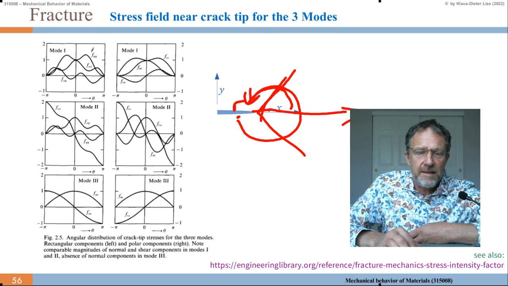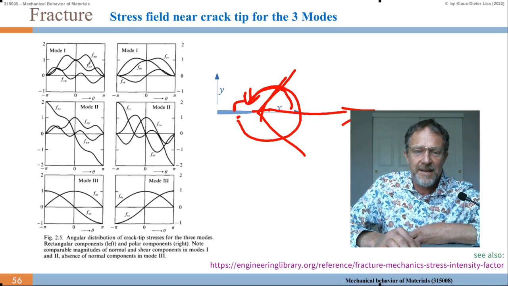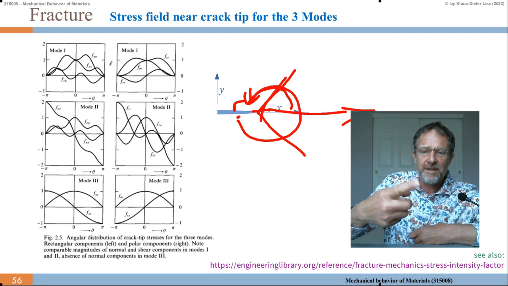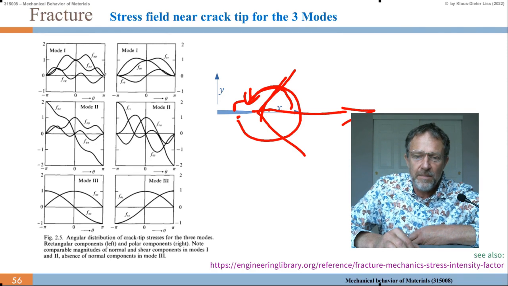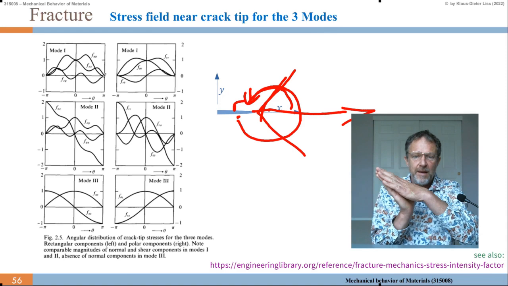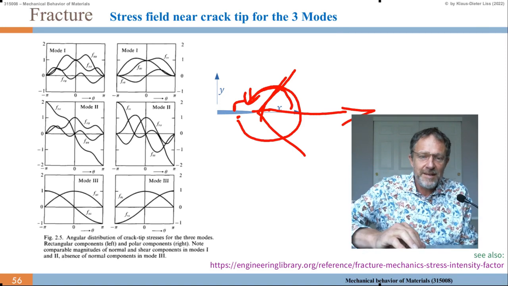We see that the normal stresses Fyy and Fxx, they are symmetric with respect to going in the positive and the negative angular azimuthal direction. And of course the shear stresses, they are asymmetric because you just change the sign as you go around.